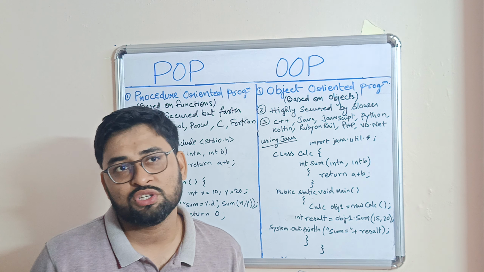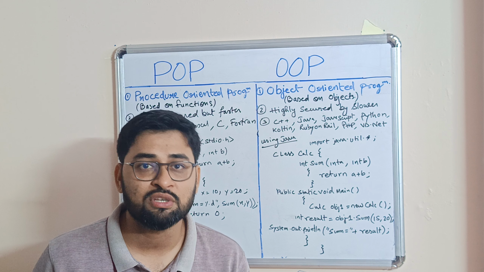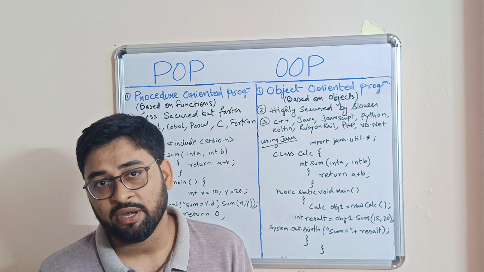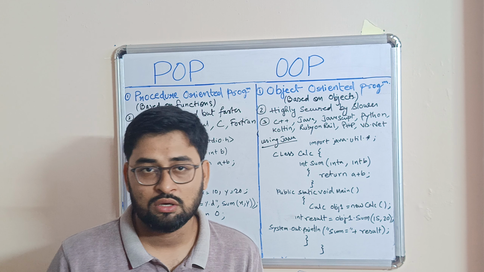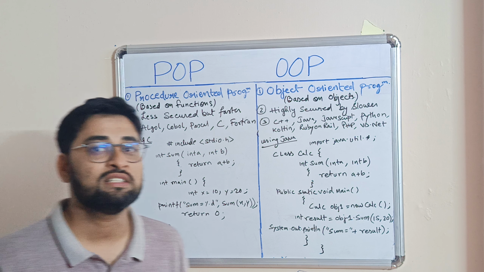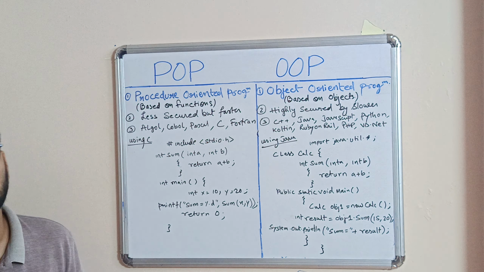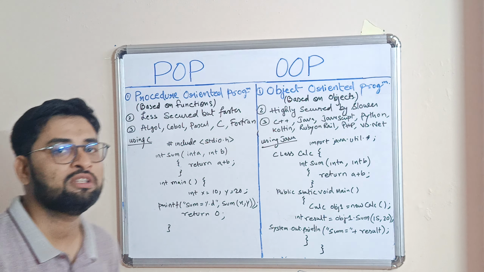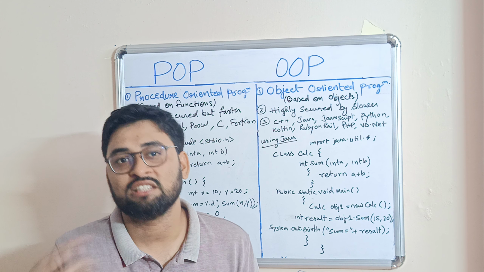So basically, procedural oriented programming means functions, a program which totally depends on functions and is made by functions. Okay, within the programs you will see that multiple functions can be created, and each function has some relationship with others. So if anything happens within these functions, that will affect some other functions.